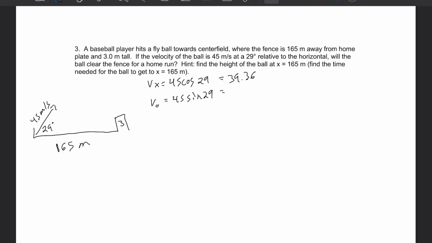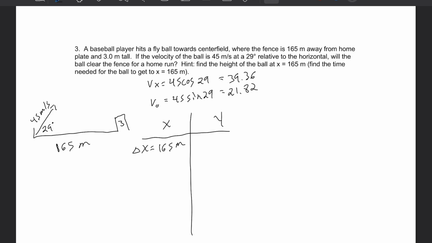We remember that the Vx in our triangle is going to be calculated as hypotenuse times function of angle, 45 cosine 29, giving us 39.36 meters per second horizontally. Vertically, V naught is 45 sine 29, calculated as 21.82. Once we get those values, everything else is as it has been before the angles.